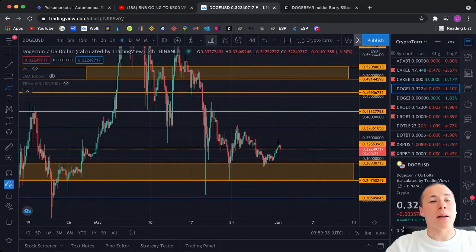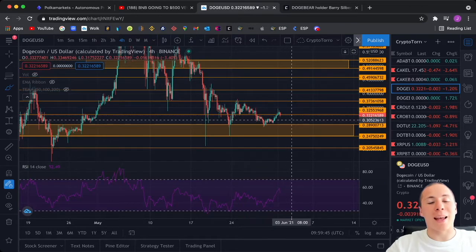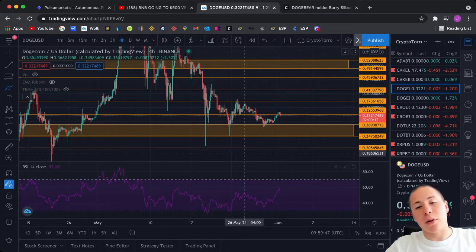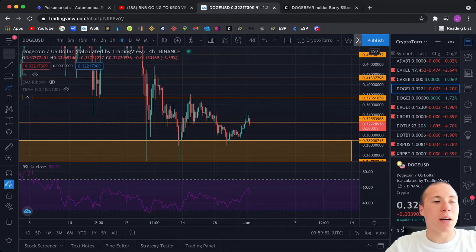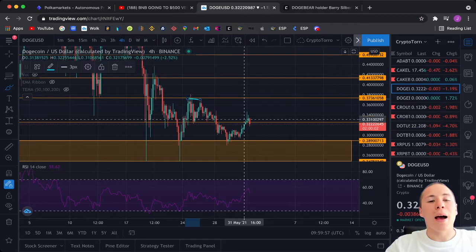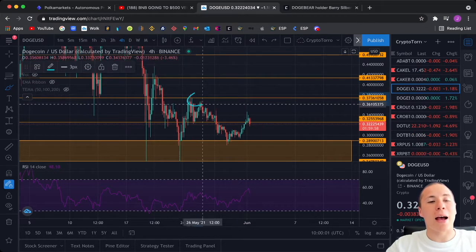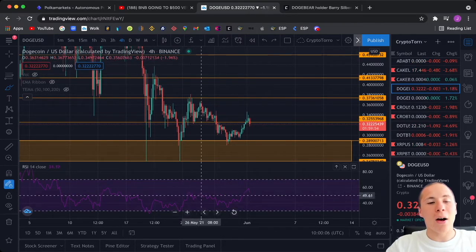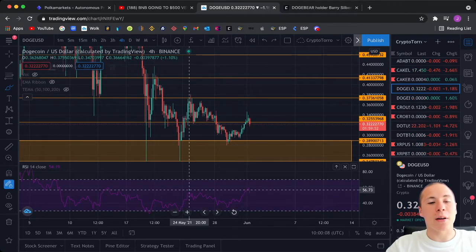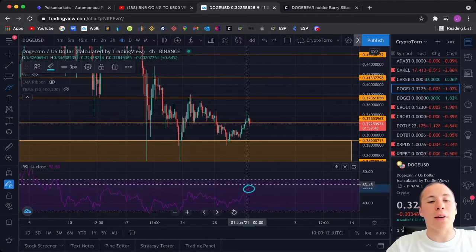Also, I spotted something very interesting under the RSI, the relative strength index, and what I wanted to show you is actually this over here. If you take a look at the past couple of days, over here you have a lower high getting created. As you can see, this high is higher than this high where we're currently at, and on the RSI at that particular moment the high was lower than the high where we're currently at on the RSI.